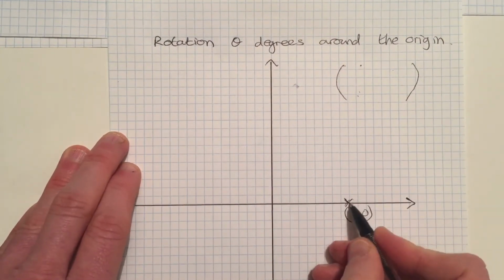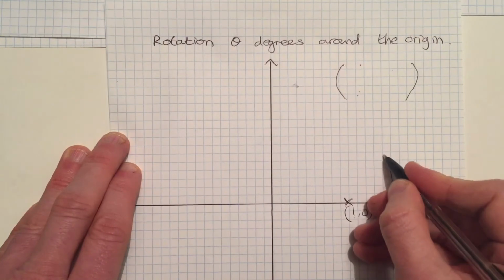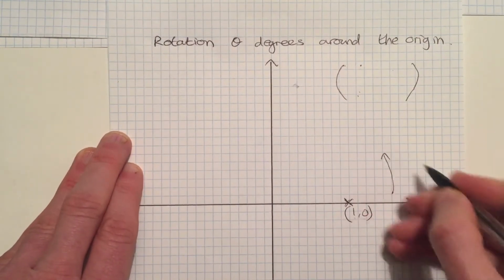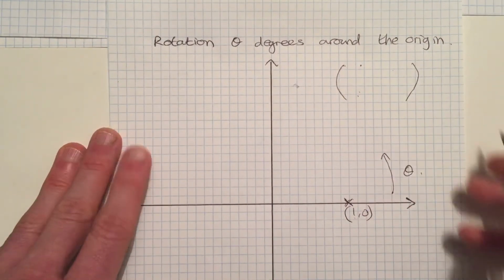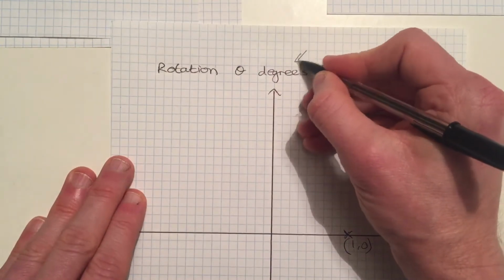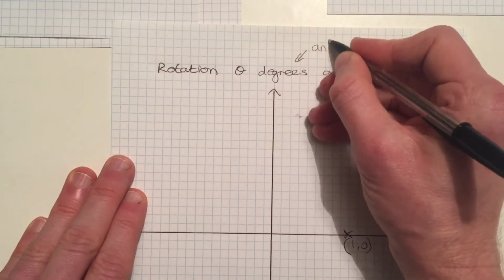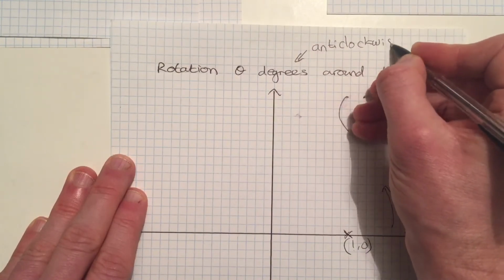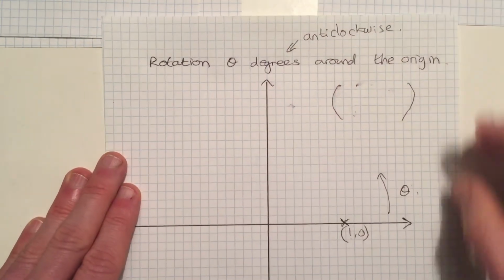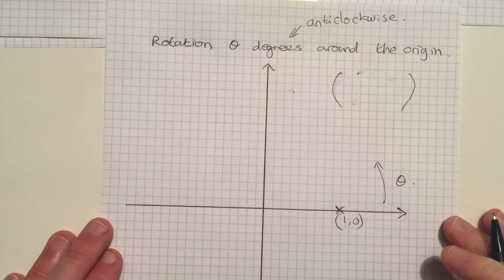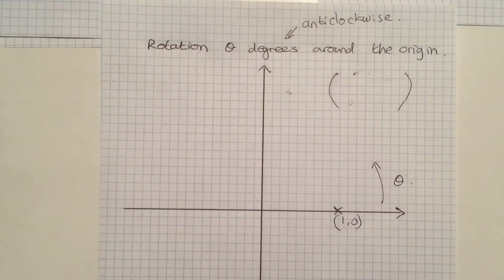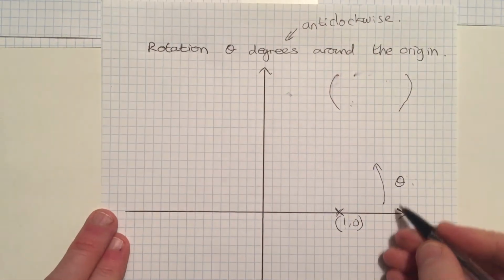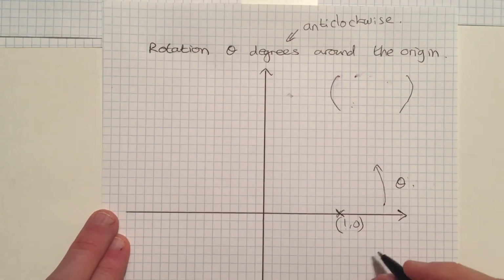If this point gets rotated theta degrees around the origin, I should specify here, in fact, that whenever we talk about rotation, it is always anti-clockwise by default, because we need to specify a direction, and we always do anti-clockwise by convention. So I'm talking theta degrees anti-clockwise that way.